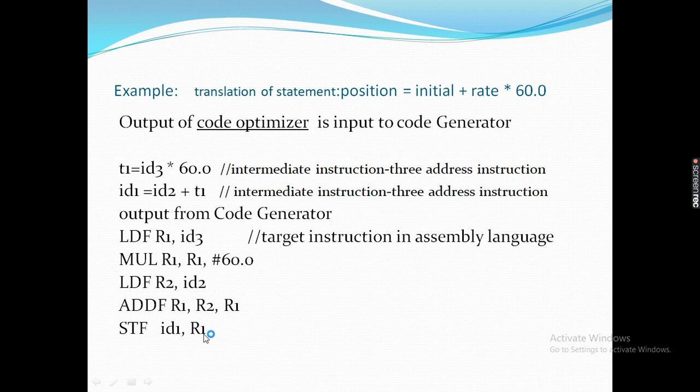This instruction will store the result that is in register R1 into identifier 1. In this way the code generator translates each intermediate instruction by choosing the appropriate instruction from the instruction set.